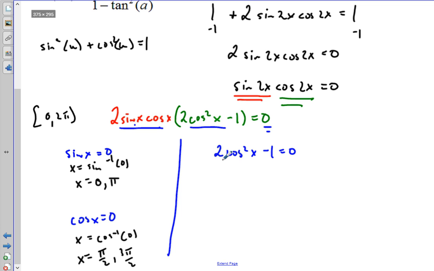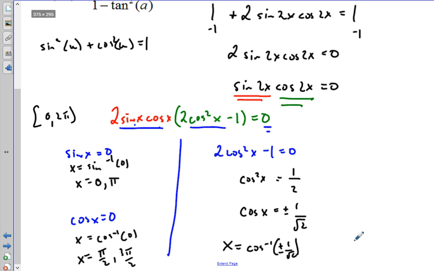The next one is when we have this, we're going to solve this one. When we go over here, we're going to have 1, and we're going to divide by 2, and that equals cosine squared of x. We get 1/2. We're going to take the square root of that, and when you take the square root, we're going to have plus and minus 1 over the square root of 2.